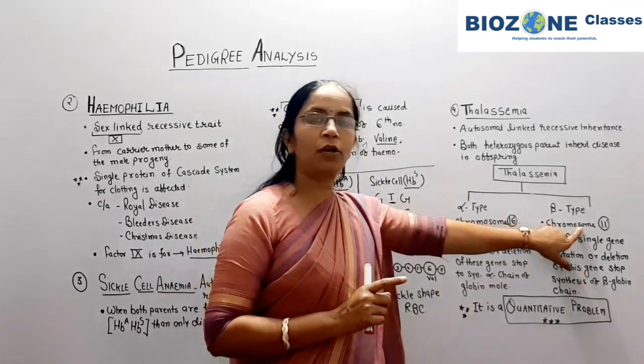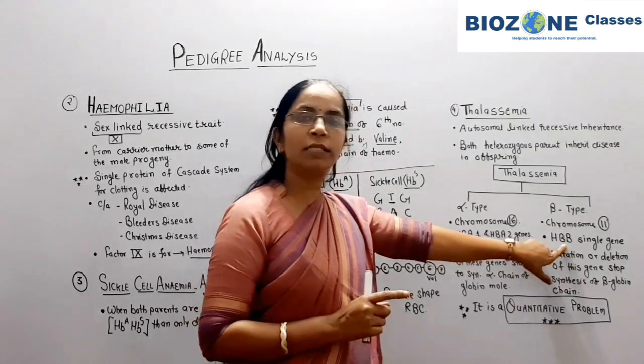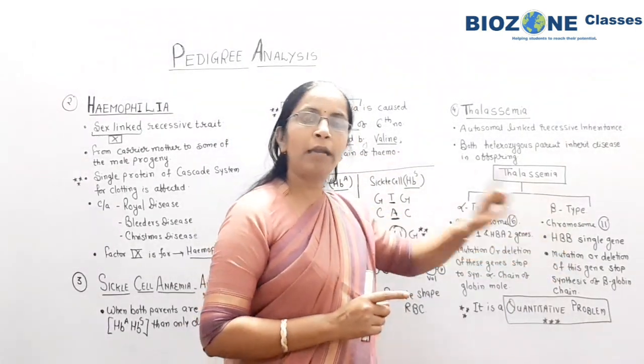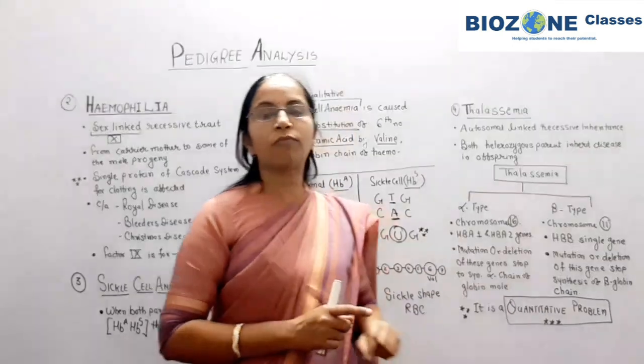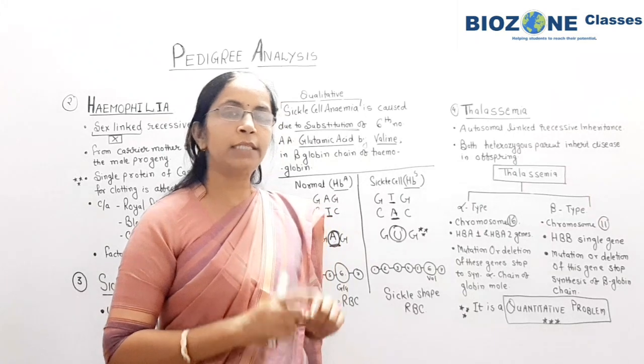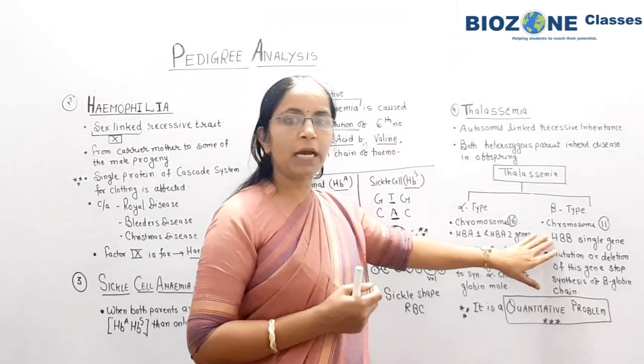That gene is located on chromosome 11. This chromosome 11 shows the presence of one single gene HBB, and because of the mutation or deletion, the beta globin chain of the hemoglobin stops being synthesized, and in that case thalassemia B or beta thalassemia is caused.